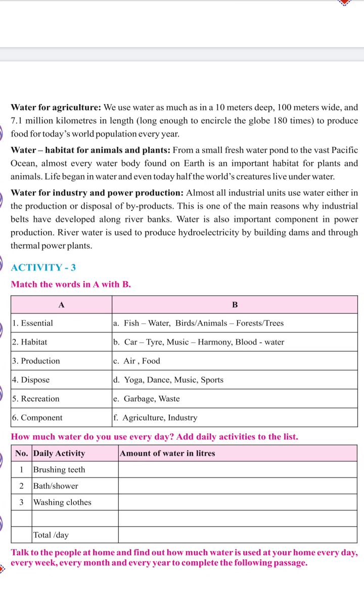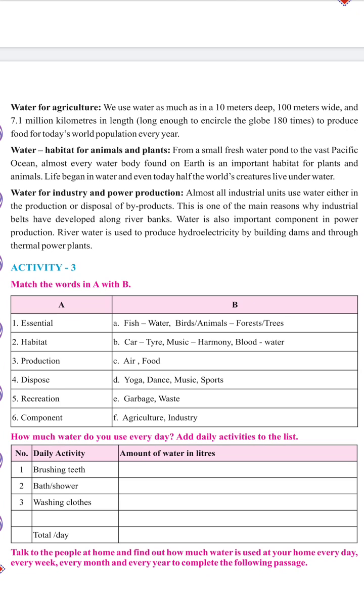It means we use water which would fill a ditch that is 10 meters deep, 100 meters wide, and 7.1 million kilometers in length. That length could encircle the globe 180 times, and that much water is needed for today's world population every year.